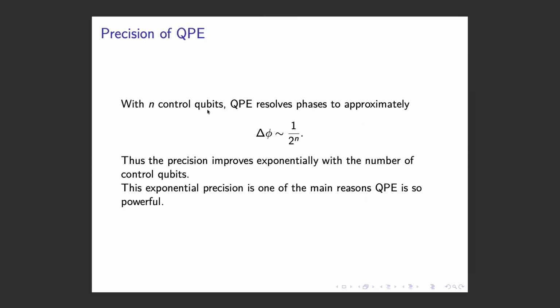So when you use n control qubits, that resolves phases to approximately this correction here. So the precision improves exponentially with the number of control qubits. But the more qubits you have, the deeper and longer the circuit. So the more precision you want, the more qubits you need. And that's one of the drawbacks of the QPE.